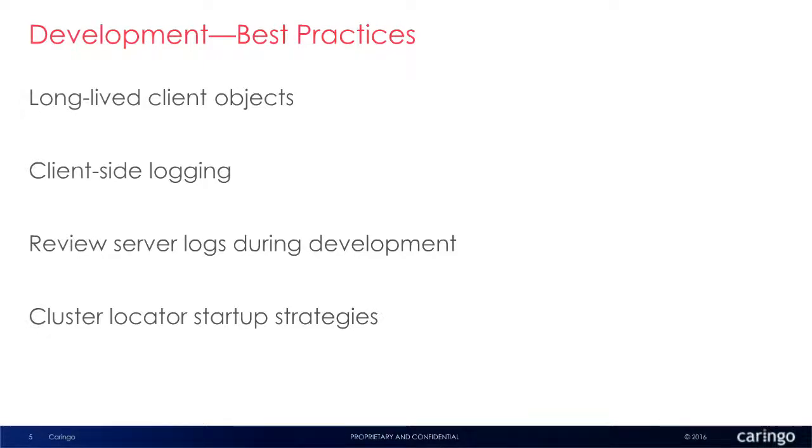We really strongly recommend long-lived client objects, in particular because that allows a persistent connection pool to keep open HTTP connections to multiple nodes at the same time. Then these connections can be reused, and the overhead for setting up and tearing down sockets can be conserved on the client and on the server side.